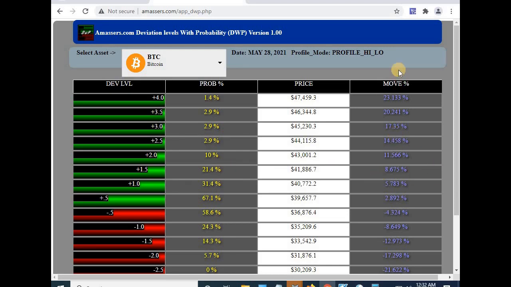I've talked about how to read the app. These are the percentage moves. These are the levels. They're set so that you can copy and paste them. These levels are good for one day, the day of, and that day is always denoted there. You can copy and paste these levels onto any chart. This is the probability percentage of us reaching or touching that level on the day.